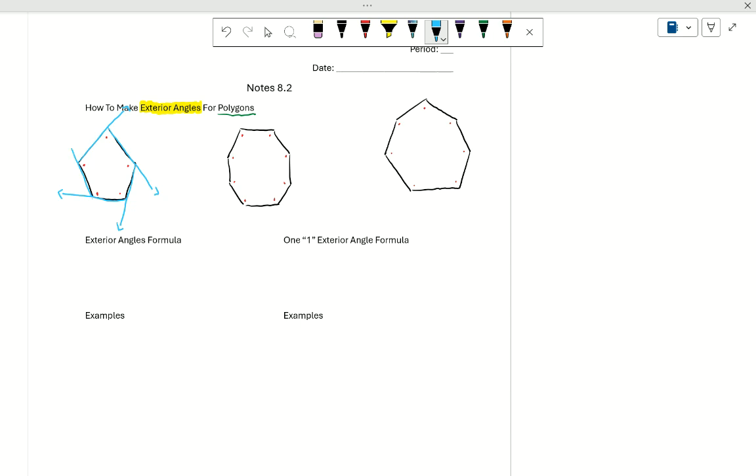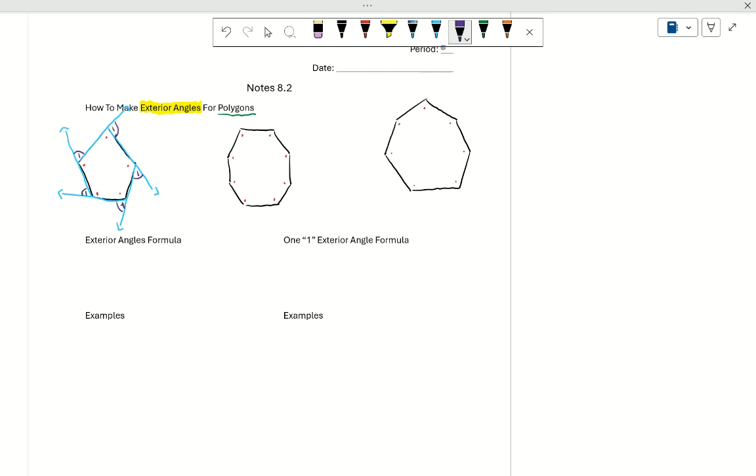And then what you have done is you just made the exterior angles for that particular polygon. The angle that I am numbering off with the number 1 in each one of these spots, all of those angles are exterior angles.